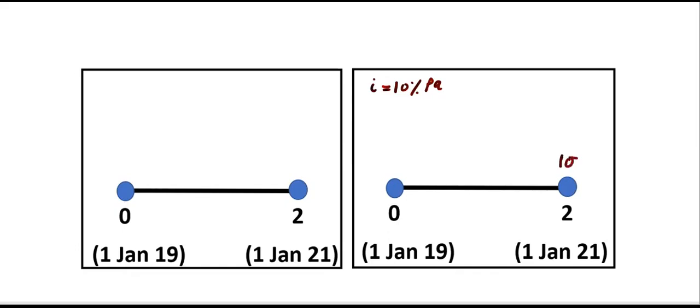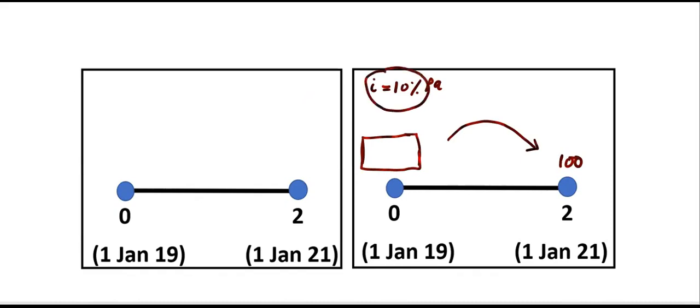Suppose 100 is the amount you are expecting after 2 years on 1 January 2021, and you want to know how much you must have invested so that you get 100 after 2 years, and i is given here.